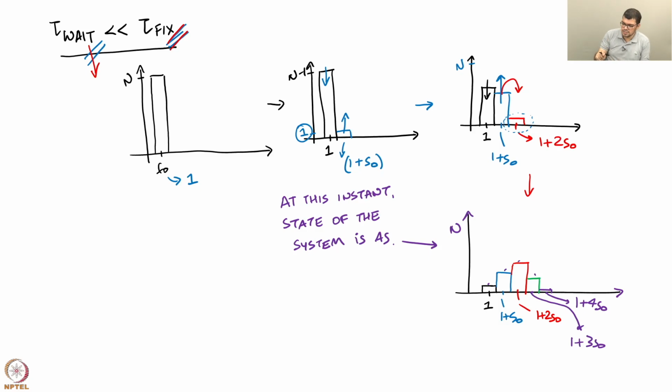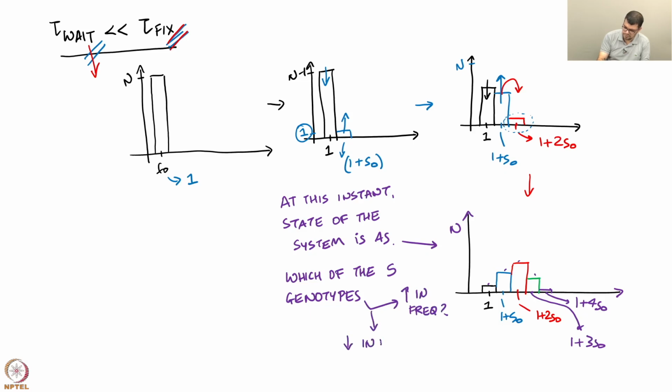So, we are talking as of this moment, as of this snapshot, how will you find out which of the 5 genotypes is increasing in frequency and which is decreasing in frequency? I will give you 10 seconds to think about this problem.